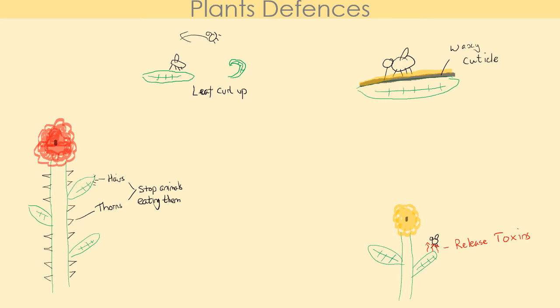Obviously, we've seen as well that plants can get affected by pathogens, so things that cause diseases, such as bacterium. A number of plants are able to produce antibiotic chemicals. So we have here bacteria. It's going to try and get into the plant.